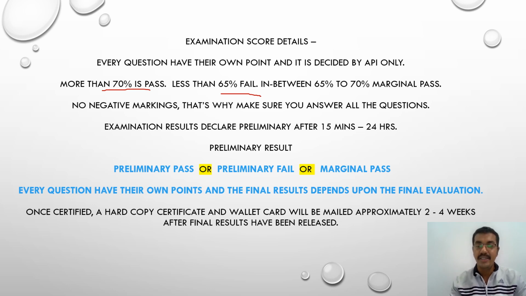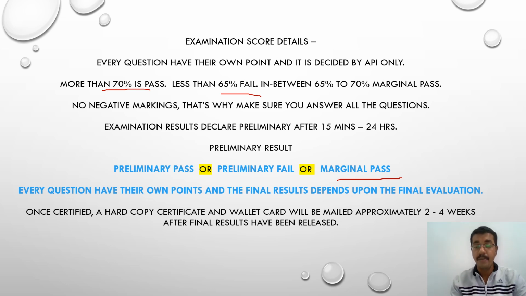What is marginal pass? Marginal pass means you have not passed and you have not failed, you are in between, sandwiched. You did not cross 70%, and you did not go below 60 or 65%, whatever percentage they have set. So what do they do? For marginal pass, they will re-evaluate your answers, and the result will come after 6 to 8 weeks.